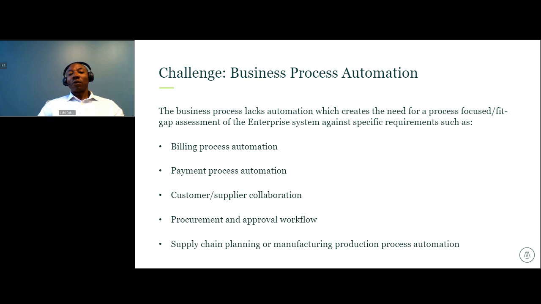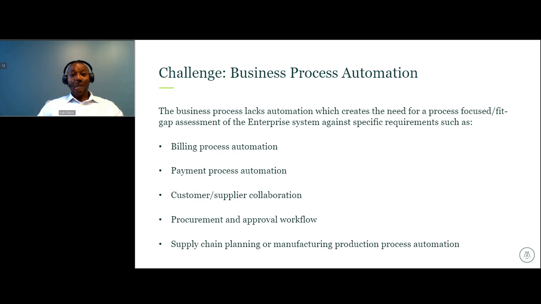The need for automated procurement and approval workflow is another reason why we see clients embark on system assessments. With basic accounting systems like QuickBooks, there is often a lack of automated purchase approval workflow that is based on a company's approval policy.